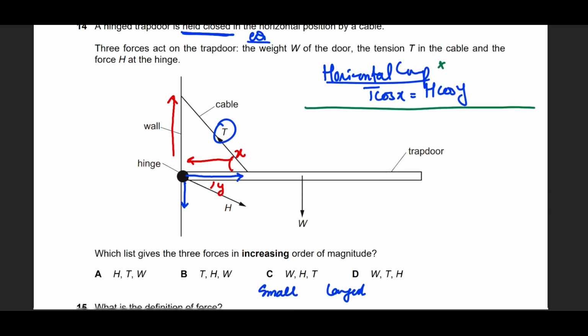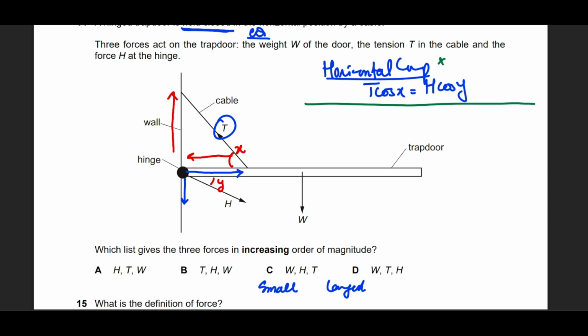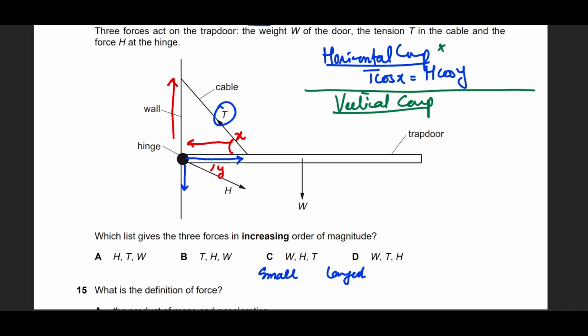So if you move on towards the vertical components, they give us some insight into the situation. Vertically, there is the weight downwards, a component of H and a component of T. Since all of that is balanced, the downwards component should be equal to the upward component.